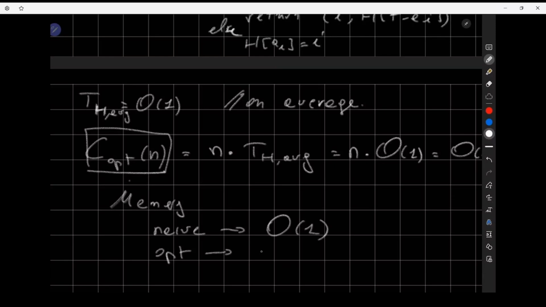This is a worst case scenario of O(n) memory consumption. So the naive solution has a better memory consumption, but the optimized one with the hash map has a worse memory requirement. Now I will implement the optimized algorithm in C++, and I will show you how.